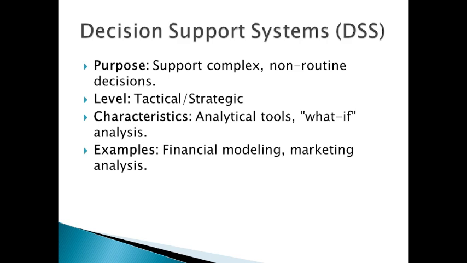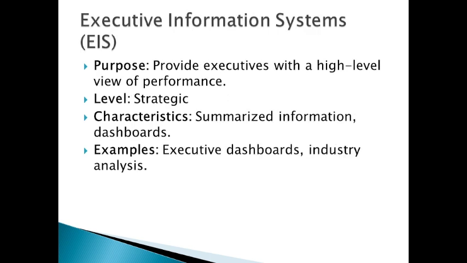Examples include financial modeling, marketing analysis, production planning, as well as risk management. The fourth type of information system is the executive information system, which provides a strategic overview. The EIS provides top-level executives with a high-level view of the organization's performance, focusing on strategic information and external trends.